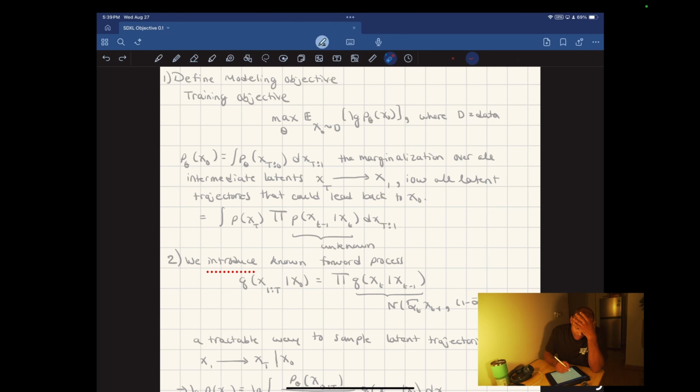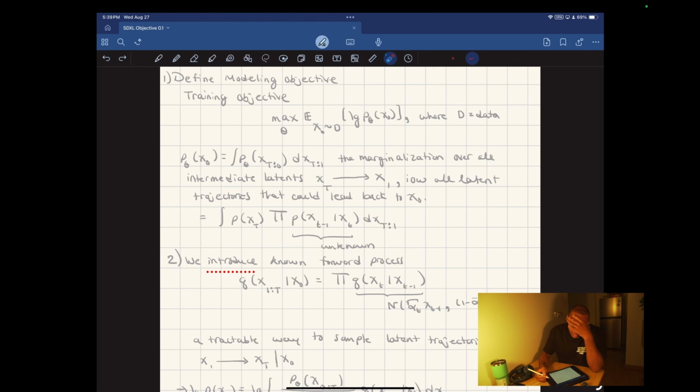I think in the literature, you'll see this as x0 to T. That just means x0 to xT, comma, comma, comma. It's just that set, shorthand notation. So this is a bunch of integrals, an integral for each latent variable.